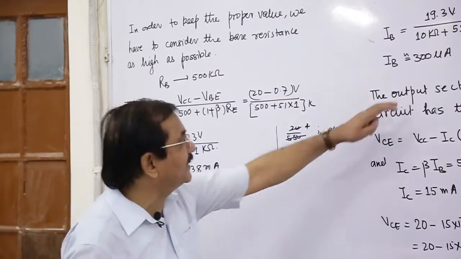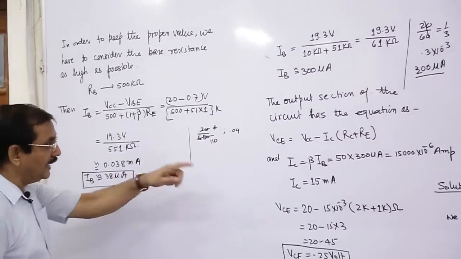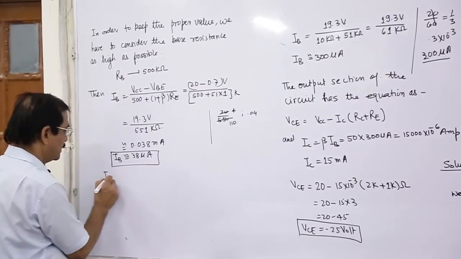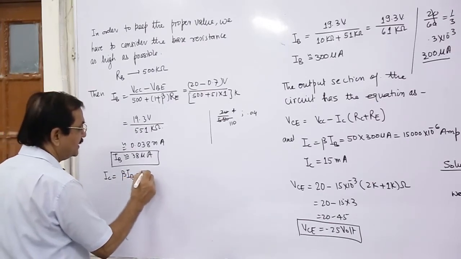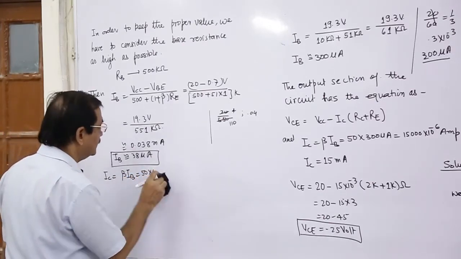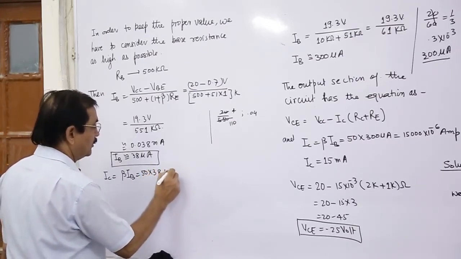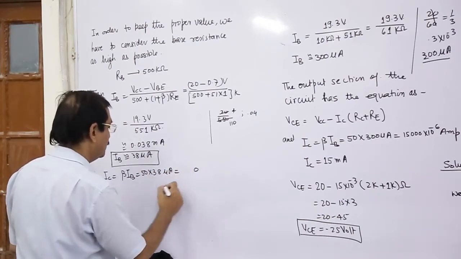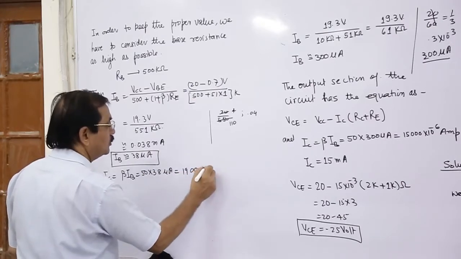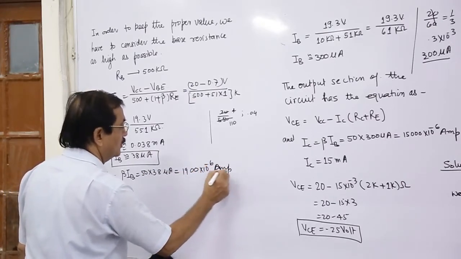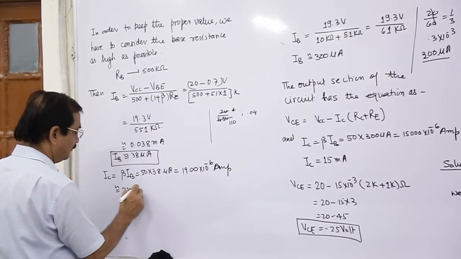So, in place of 300 there is 38 microampere, and then IC is equal to beta IB, that is 50 into 38 microampere. So, this is approximately 2 milliampere.